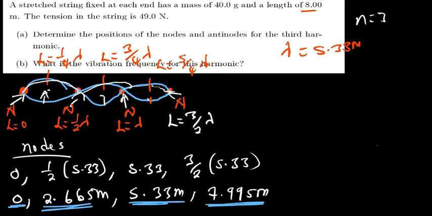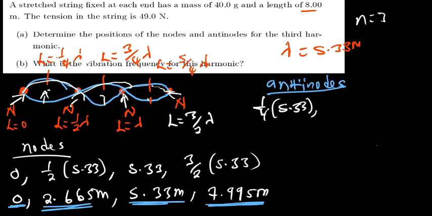Now to find the antinode, the first one will be 1 over 4 lambda, where lambda is 5.33. The second one will be 3 over 4 lambda, where lambda is 5.33, comma.